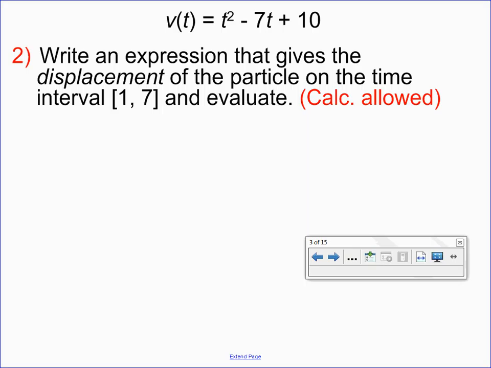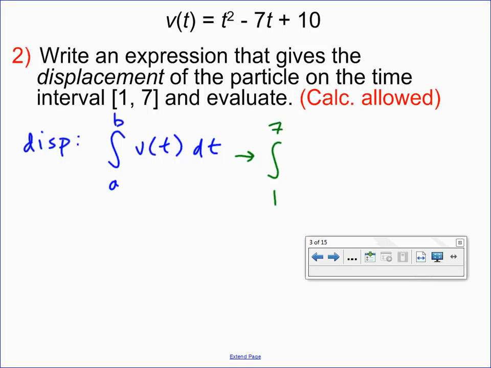In the context of this problem, that is the integral from 1 to 7 of my velocity function with respect to time.